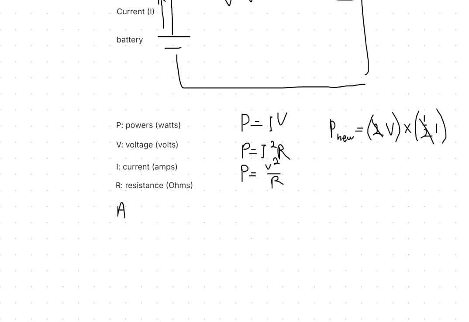Now option B says we double the voltage and we increase the resistance by a factor of 4.